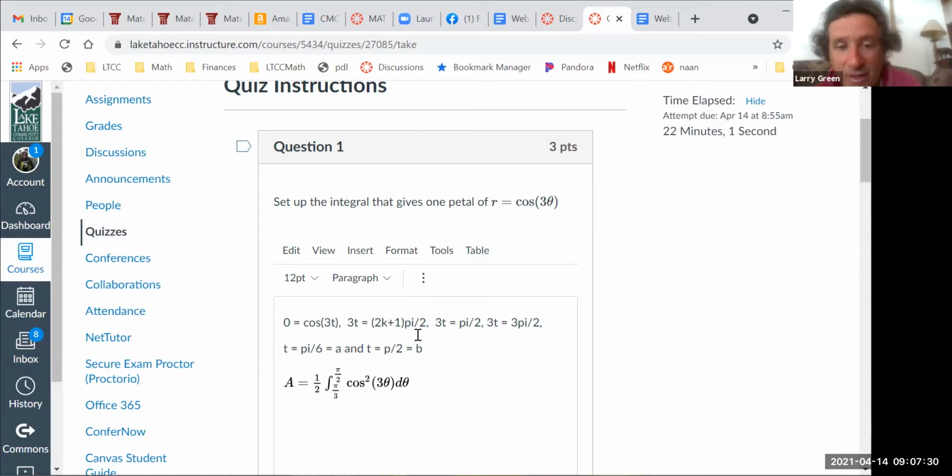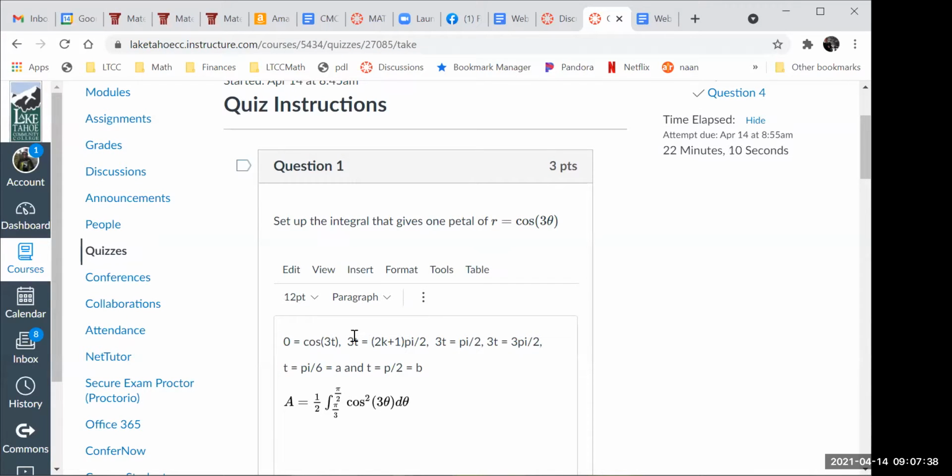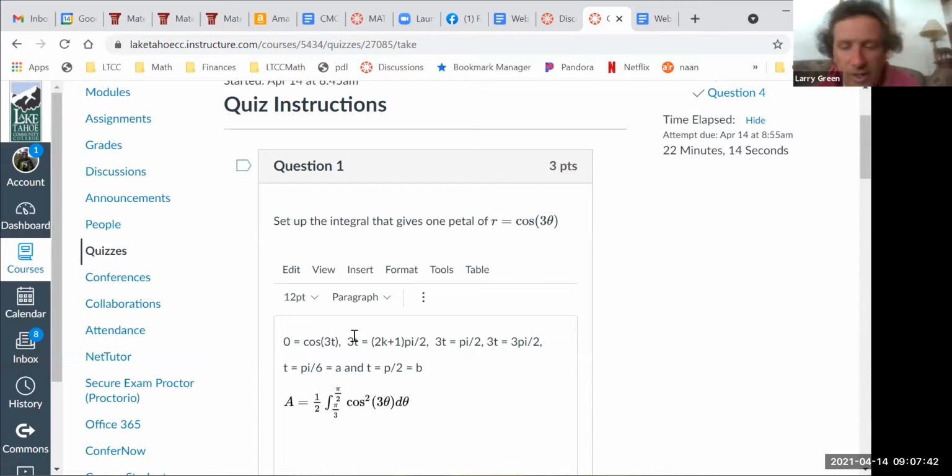So divide by 3. It's just simple algebra. Yeah, I see the process. I just feel like for some reason, I'll keep looking at it and maybe I'll ask you later.